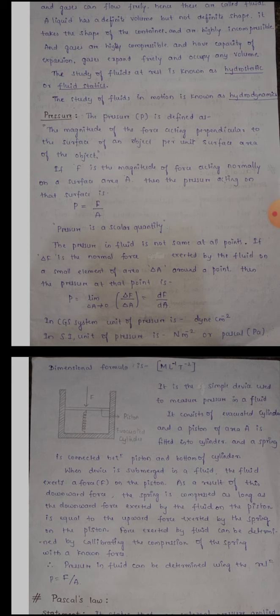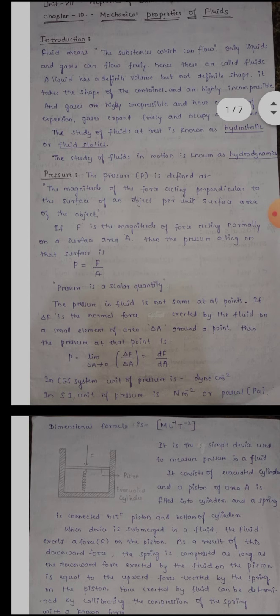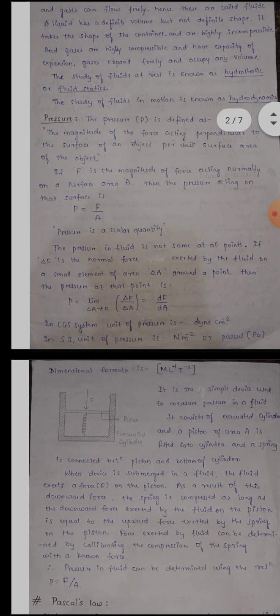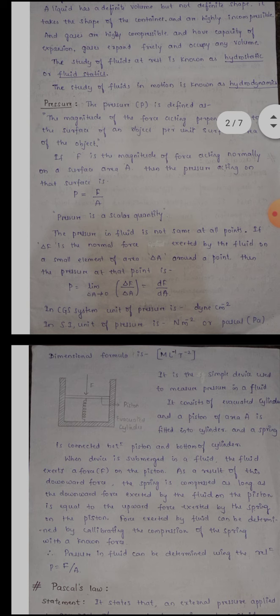So that metallic object or any object that is having certain faces, on those faces whatever the pressure applied by that liquid will be different in different directions. So that's why the common direction of the pressure is not there from the liquid. So that's why the pressure is known as a scalar quantity.